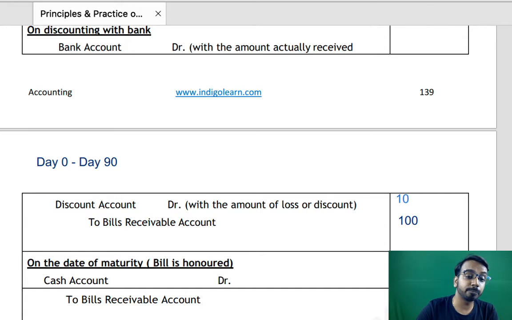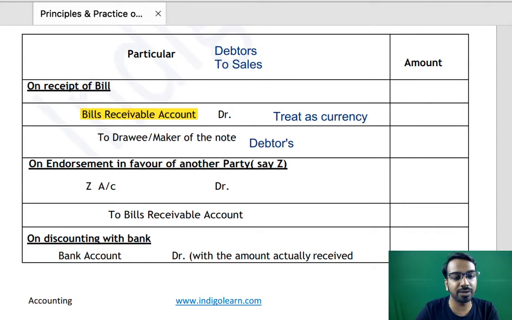But what if I had given that bills receivable to this Mr. Z, who was my creditor? I had to pay him 100. So what I did, instead of paying him 100, I said, boss, I have this 100 of bills receivable, take this, and I credited 100 of bills receivable.